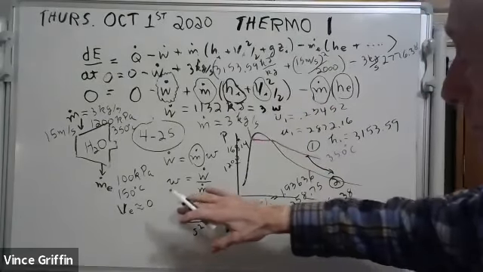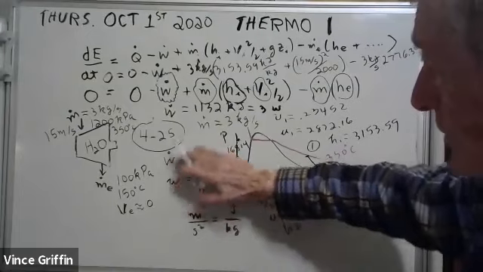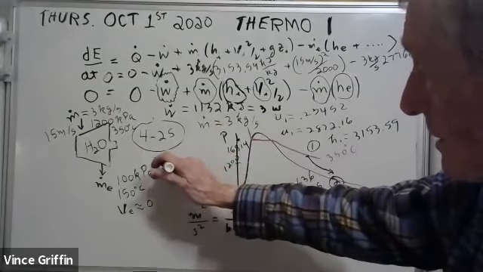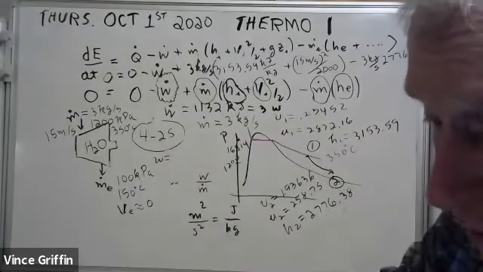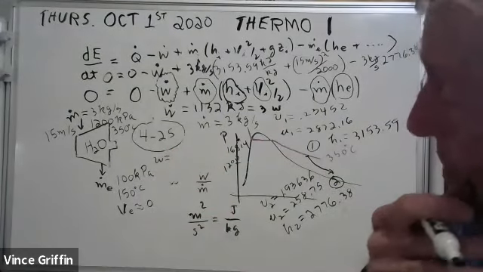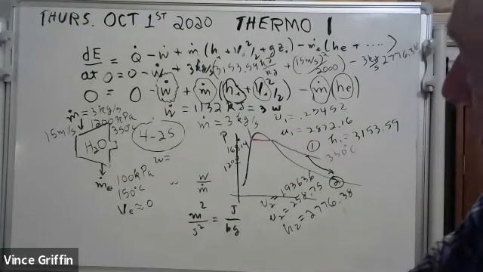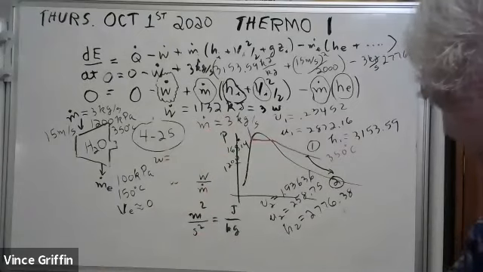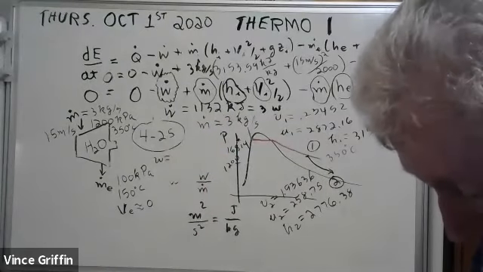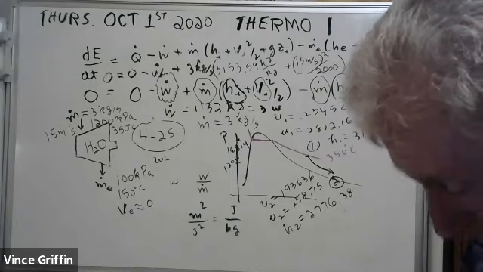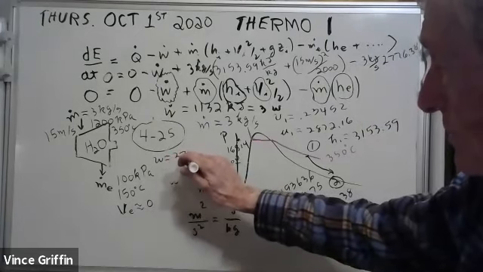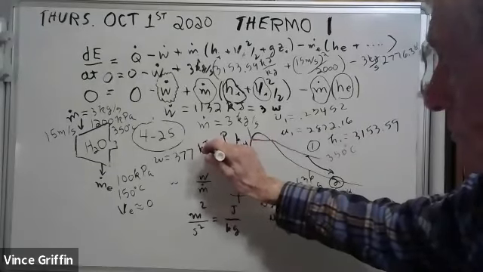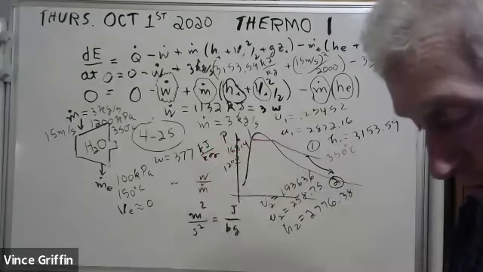So if you want little w, let me get little w, and then I'll look in the answer book and see how we did. Little w is work per mass. And if you take 1132 and divide it by 3, you get 377 something kilojoules per kilogram. Now let me look at my answer book.